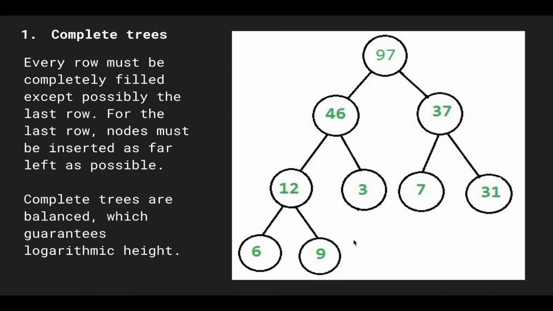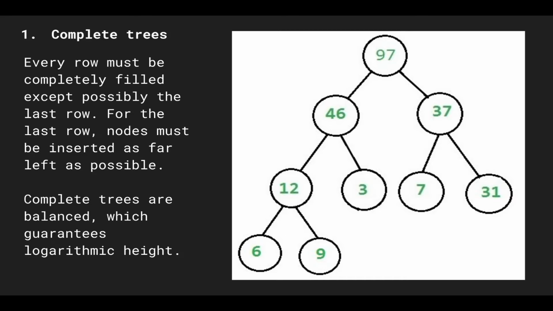And the reason why we need binary heaps to be complete trees is because complete trees give us an upper bound on the height of the tree, which is logarithmic. It's log of n. And this you'll see later on with the methods that we introduce for the binary heap, guarantee logarithmic insertions and removals, because for insertions and removals, you have to traverse the tree up and down at the worst case.